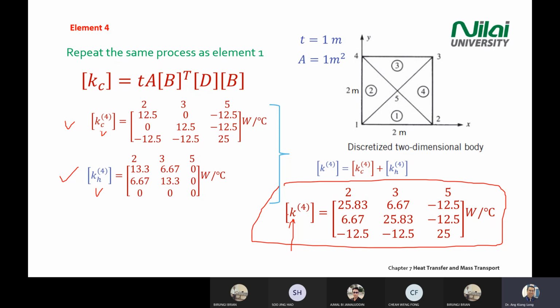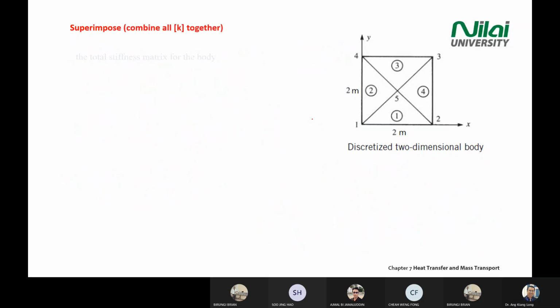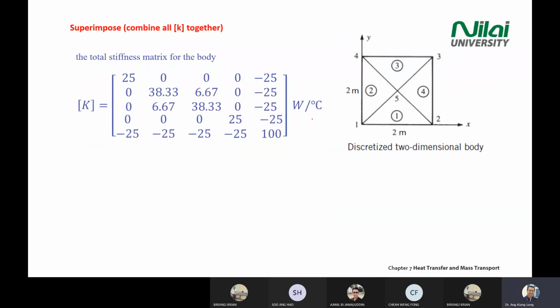Because this value will help you to find the forces at element 4. Okay. You combine them together, you get one K matrix in one row. So you have 1, 2, 3, 4, 5.